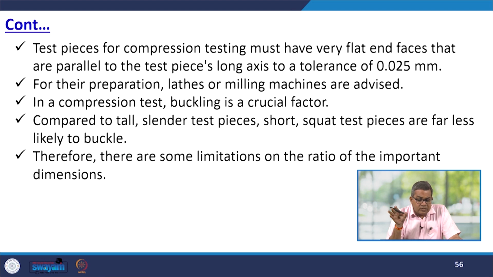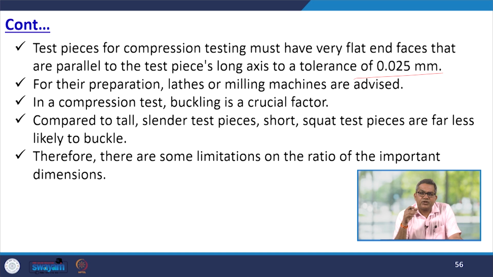The test piece for the compression testing must have very flat end faces and they are parallel to the test piece axis to a tolerance of 0.025 mm. For their preparation, lathes or milling machines are advised. In compression test, buckling is a crucial factor, and compared to the tall, slender pieces, short squat test pieces are far less likely to buckle.